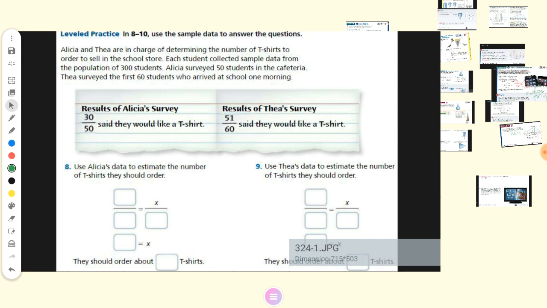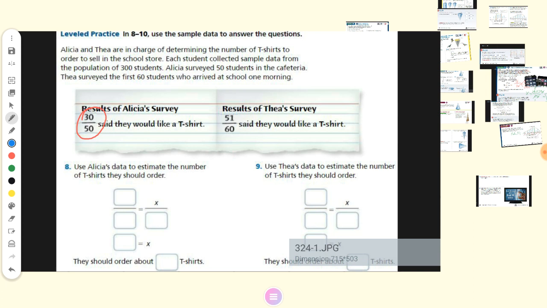She asked 50 and found 30 of them said yes, we need to buy that. So Alicia's survey is 30 out of 50. And her friend Saya's survey, she is going to survey the students arriving at school in the morning.